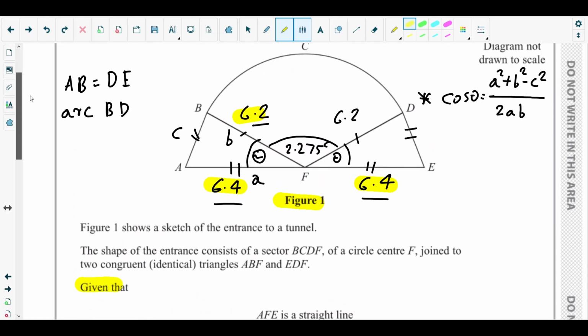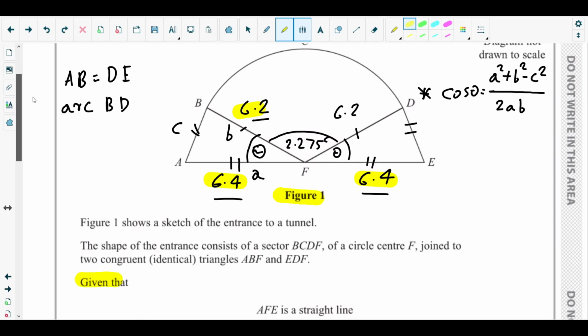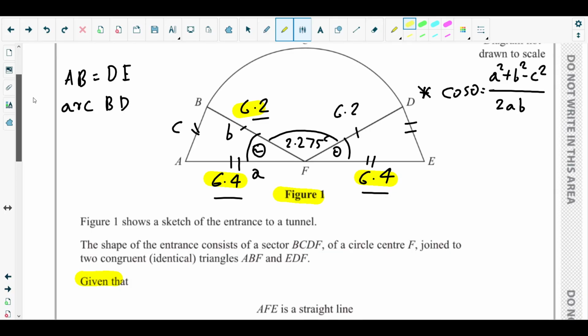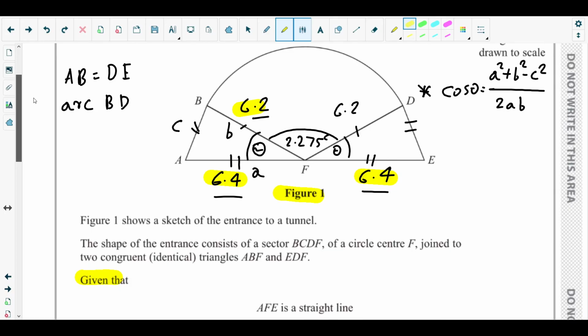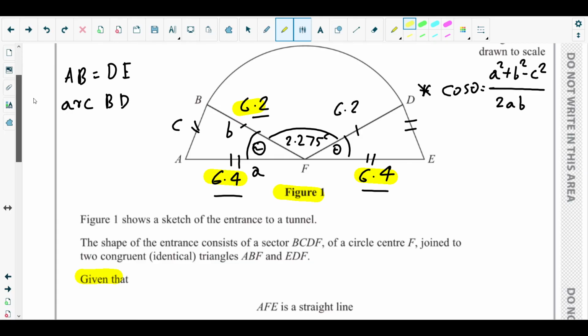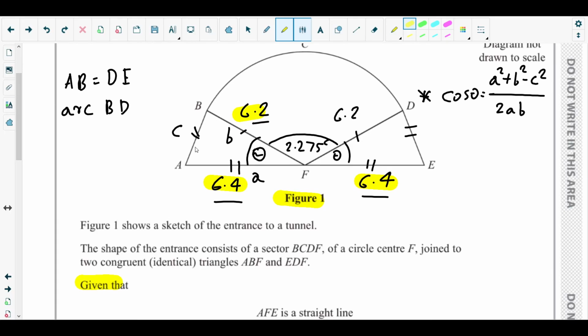There are two congruent triangles, AFB and DFE. If we find the area of one triangle and multiply it by 2, we get both of them. And then we will add the area of the sector BFD to that.